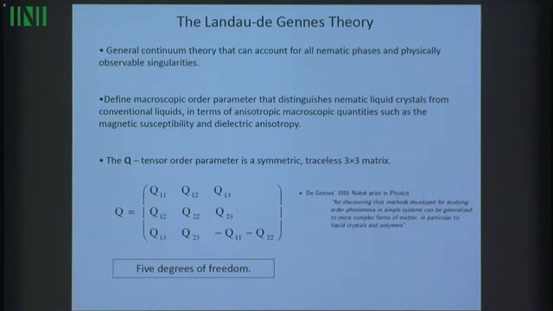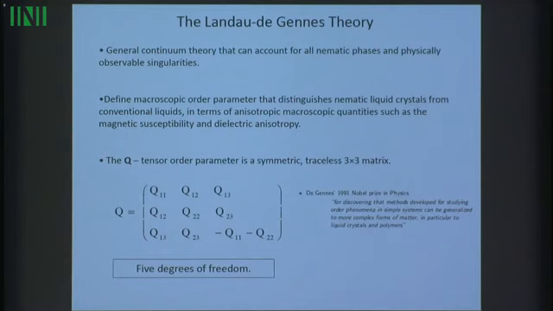It's a macroscopic theory. It describes the state of a nematic liquid crystal by a macroscopic order parameter, which we call the Q-tensor order parameter. You can think of this as a macroscopic measure of the degree of orientational order, but obviously there are experimentalists in the audience who will give you far better interpretations. For me, it's a macroscopic measure of the degree of anisotropy in the system.